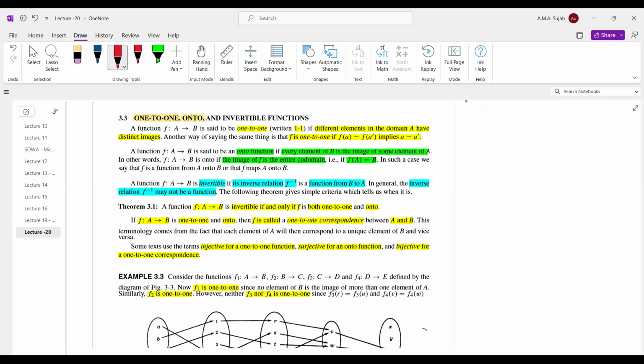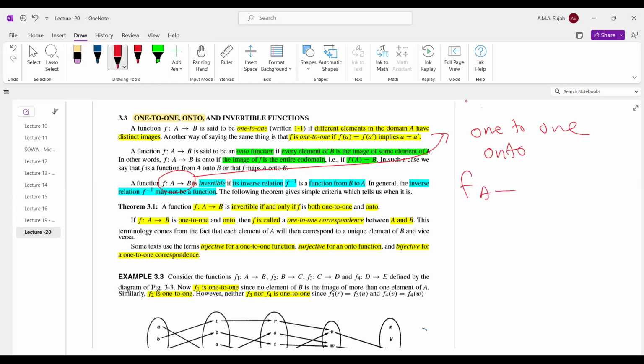So a function from A to B is invertible when that function is one-to-one as well as onto.